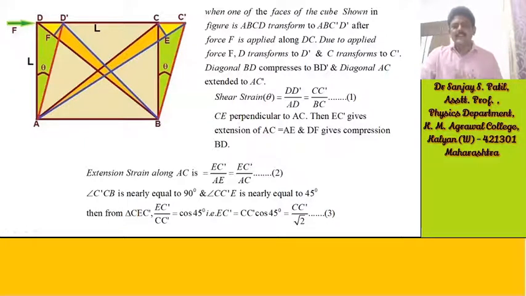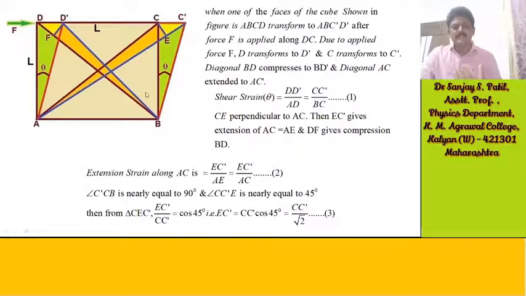Extension strain along AC is given as EC dash divided by AE, which is equal to EC dash divided by AC, since AC is equal to AE. Suppose this is equation 2. The earlier equation we have considered as 1.